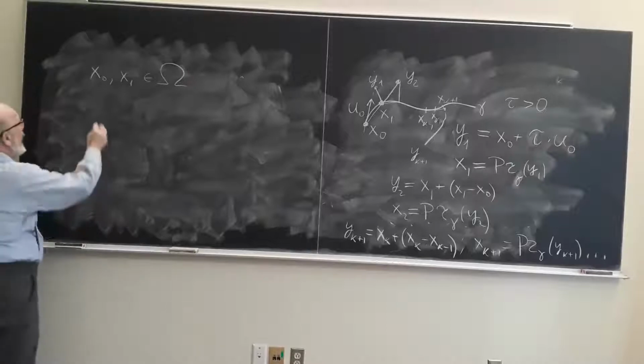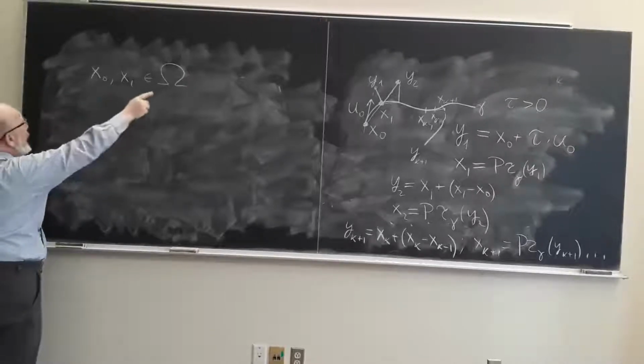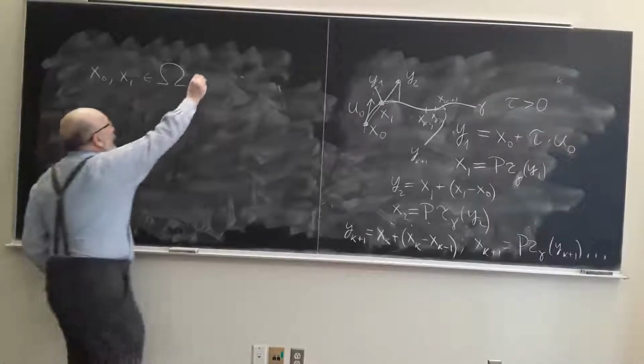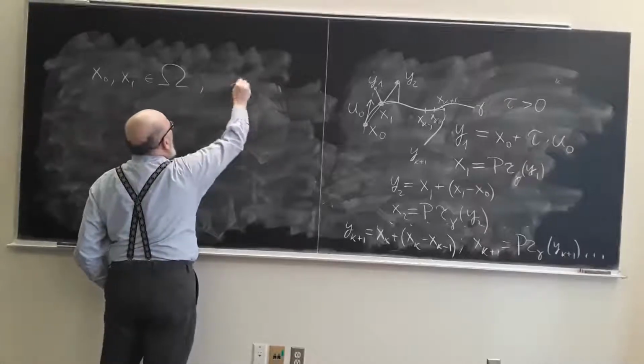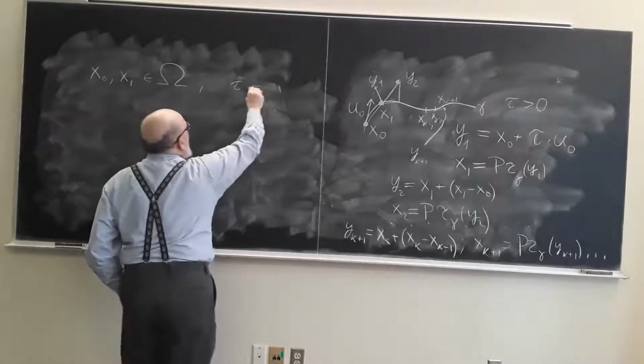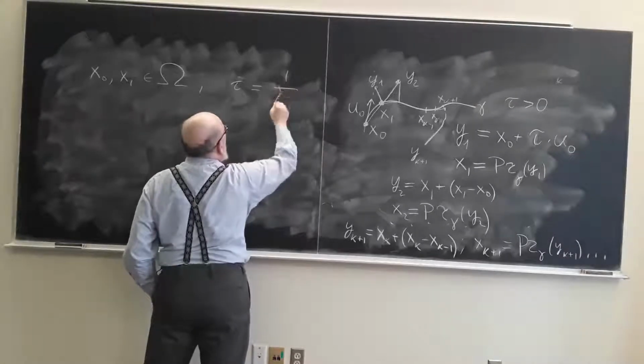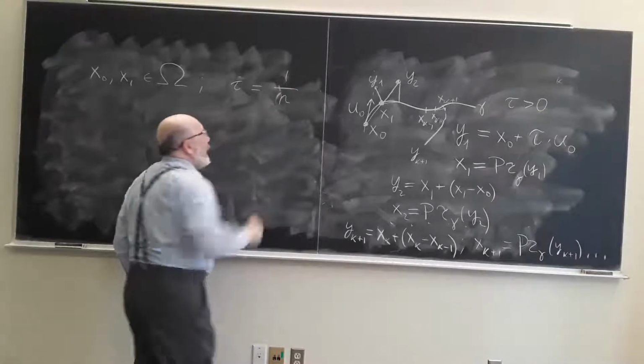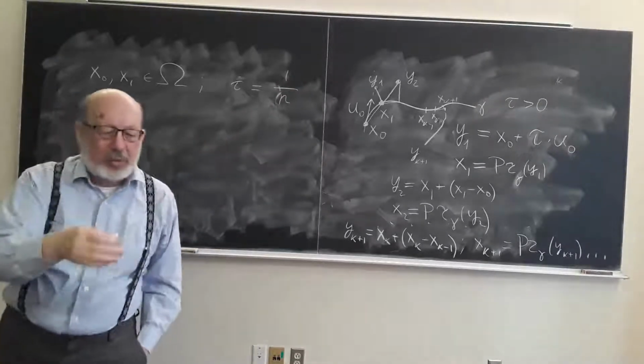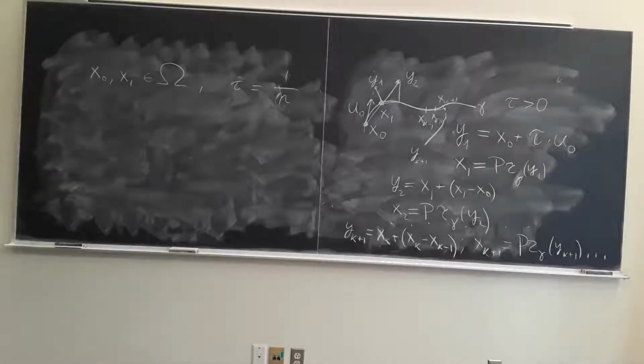Then you write this chain of points. You take tau equals, say, 1 over n. So we consider the motion of the point on the segment t from 0 to 1.